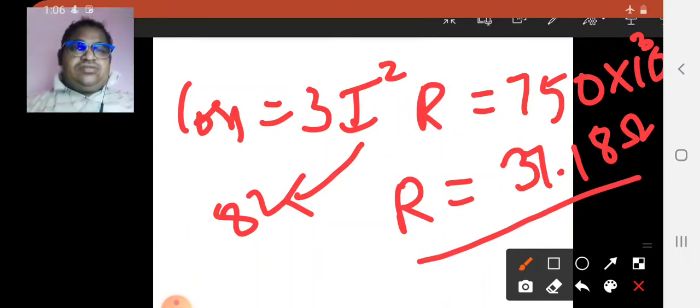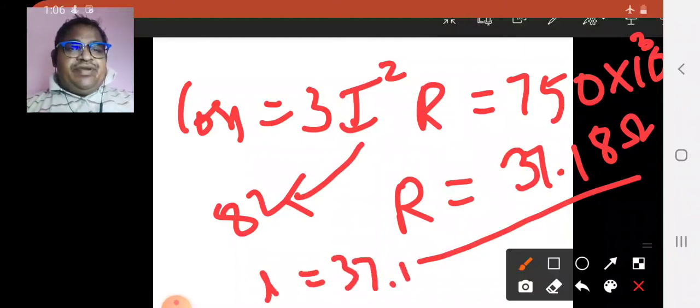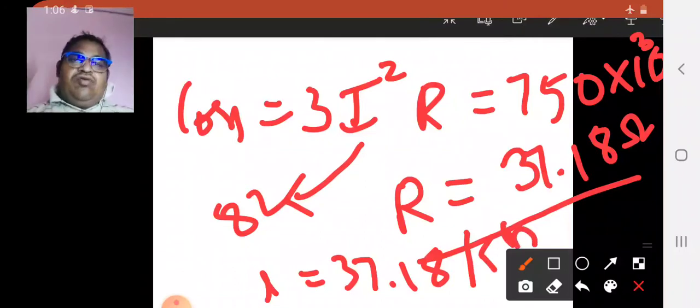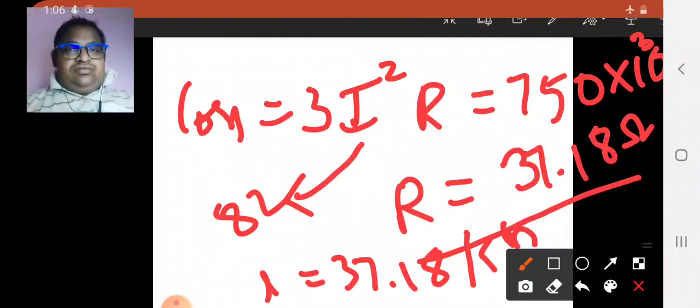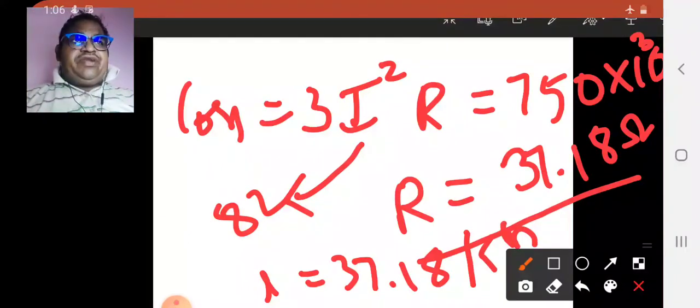L is equal to 37.18 kilometers only, because 1 ohm corresponds to 1 kilometer as per the problem. So 37.18 ohms is equal to 37.18 kilometers. Let's write one more problem.